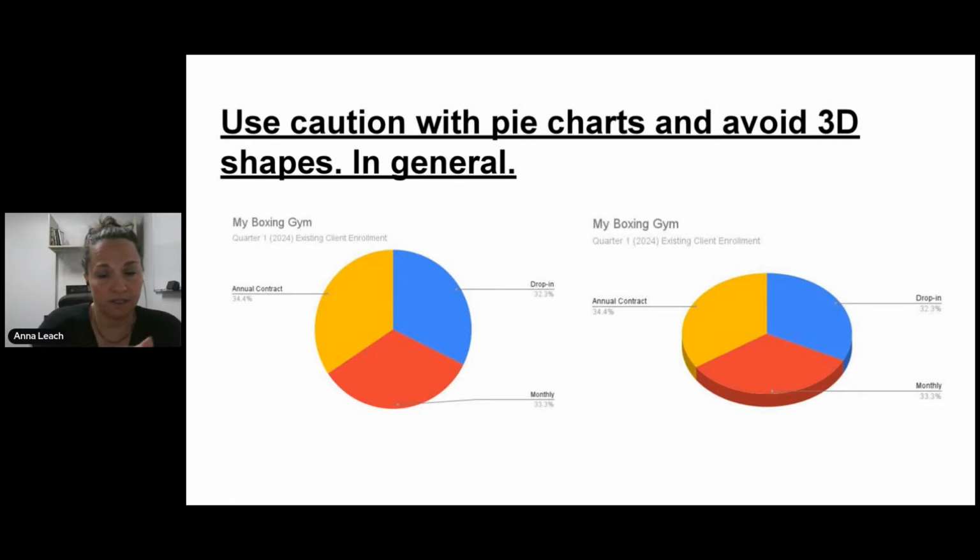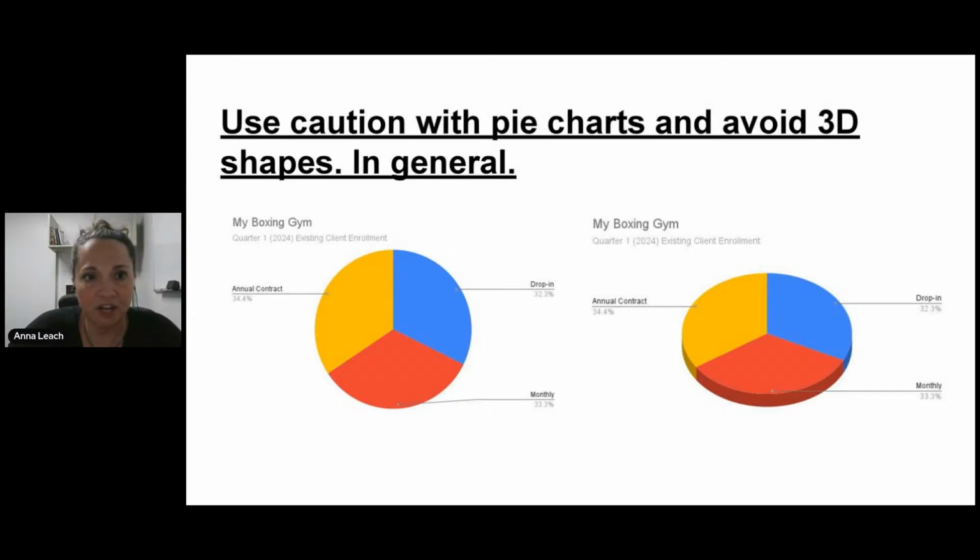Whereas this visualization on the left-hand side, let's start with that one, I've added labels in because if you look at these three categories of yellow, red, and blue, and I asked you to give me a general estimate about each section, you would probably say about 30%, but you wouldn't be able to accurately tell me that it's 34%, 33%, and 32%.